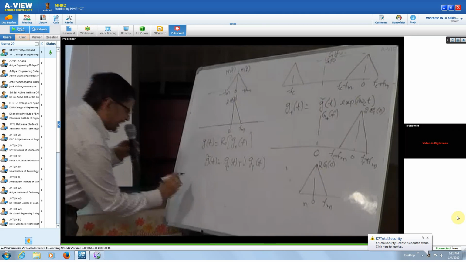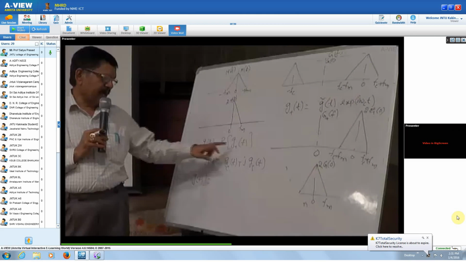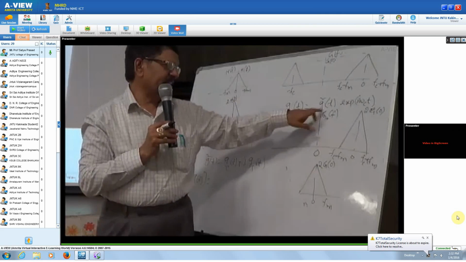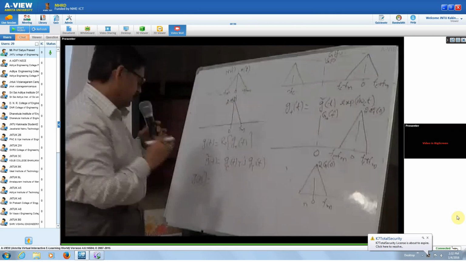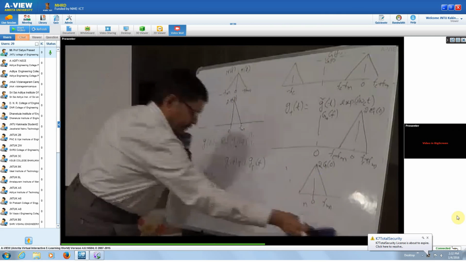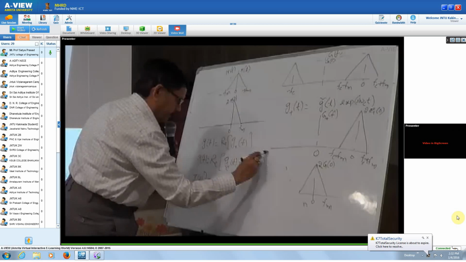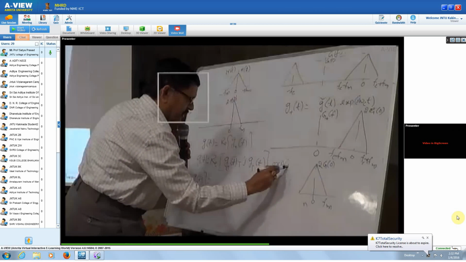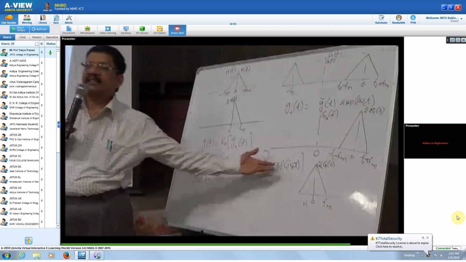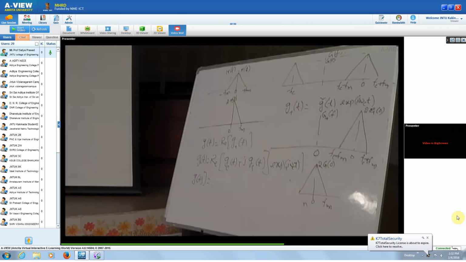Therefore, what will be our G of t? The real part of G plus of t, and G plus of t is G hat of t into exponential of j omega ct. And what is this exponential of j omega ct? It is cos omega ct plus j sin omega ct.